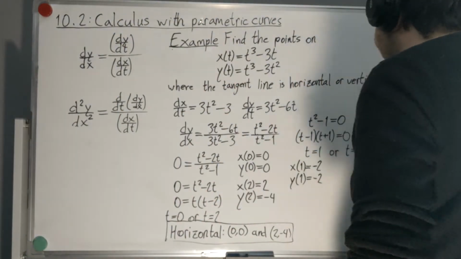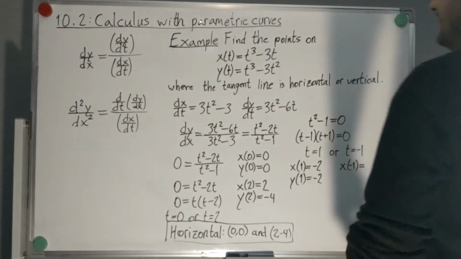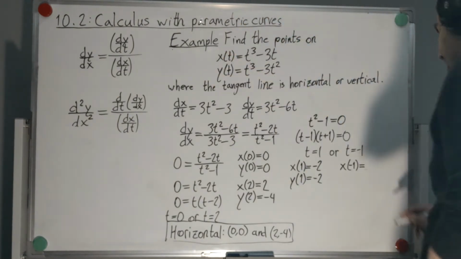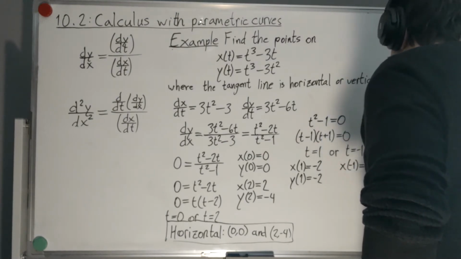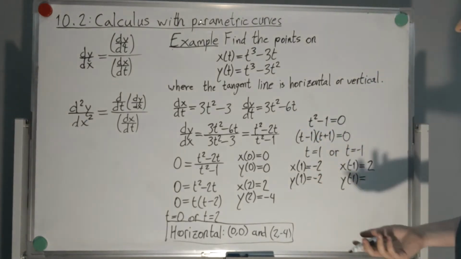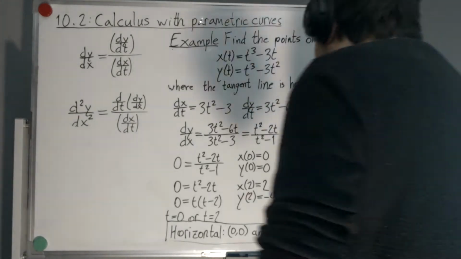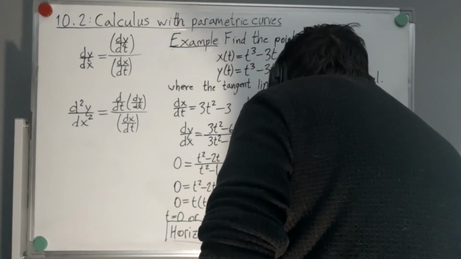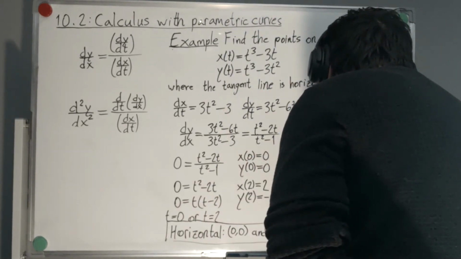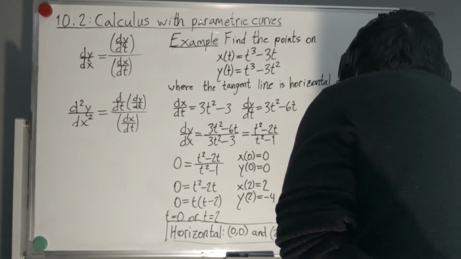Okay, and then x of negative 1 actually. This is going to be negative 1 cubed plus 3, so that ends up being 2. And y of negative 1, you take negative 1 cubed minus 3, that makes negative 4. Okay, so that means we have vertical tangent lines at the points (negative 2, negative 2) and (2, negative 4).